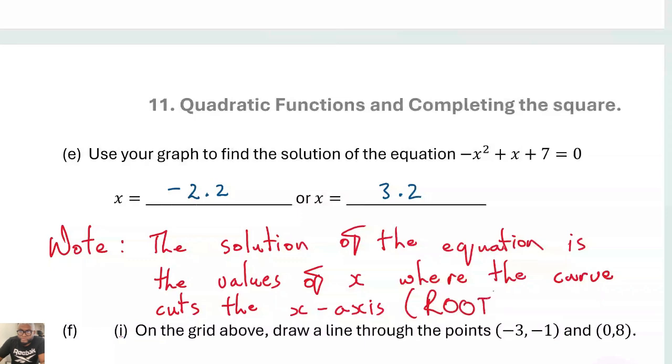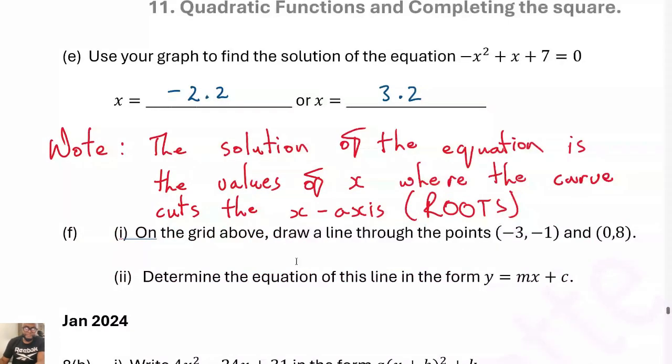Also known as the roots. Okay? The roots.